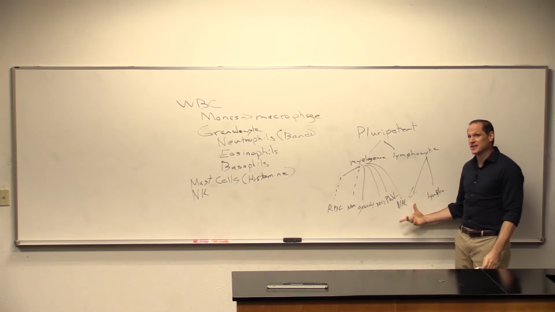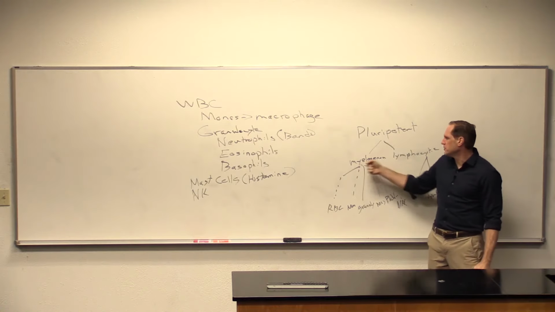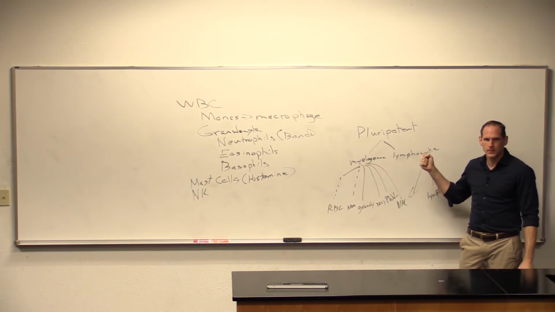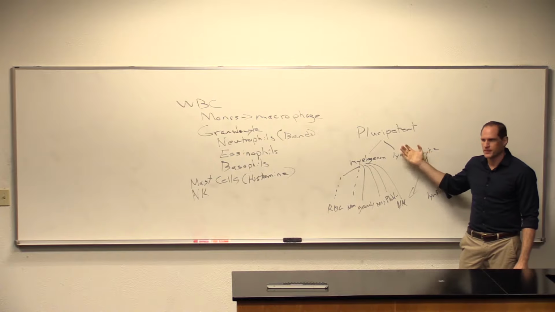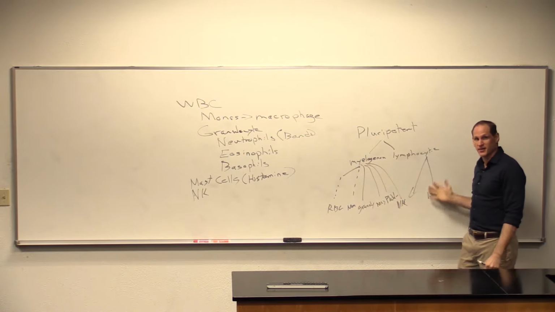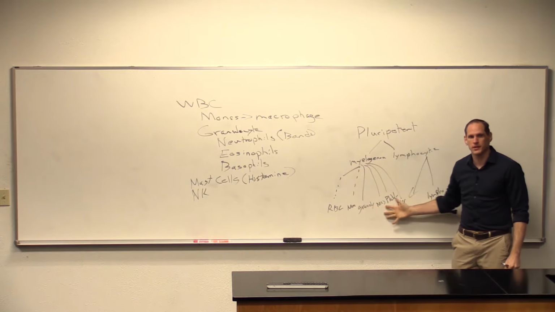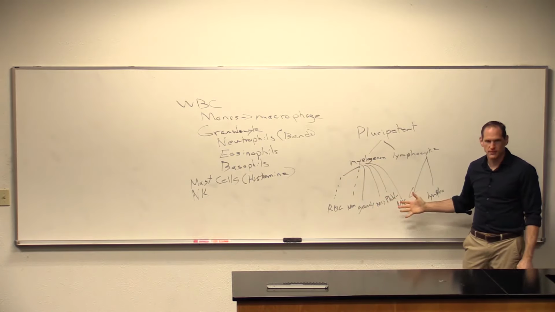So natural killer cells are interesting because they come from both sides of your pluripotent stem cell tree. Now, this is not going to be on your test, but it might help you to understand the overall process.